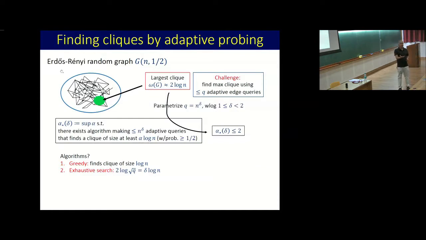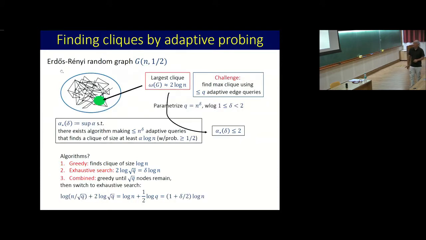Well, I'm limited by Q queries, so I choose square root Q vertices; square root Q choose 2 is roughly Q. So I restrict to square root Q vertices, and the random graph restricted to that has a clique of size 2 log square root Q. If Q is n to the delta, the 2 cancels with the square root, and I get delta log n. So in particular, if delta is 1, then I get log n with exhaustive search, but if delta is larger, I can do better. That's something.